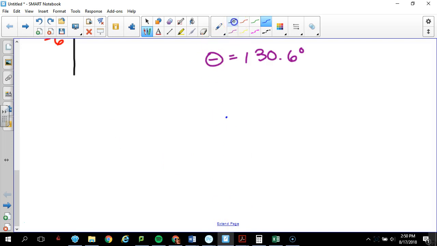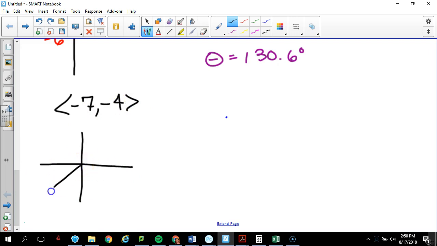All right. If we're in the third quadrant, so if I have negative 7 and negative 4, let's draw that out. I'm just going to draw a picture. And we'll say that this is negative 7 and this is negative 4. Here's my vector. So what I'm looking for again is right here inside that one.